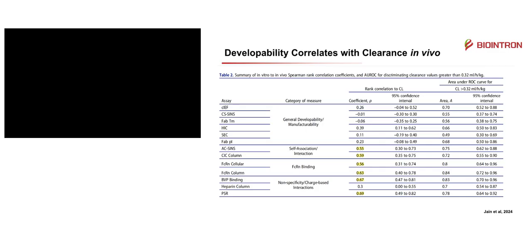And the FcRn binding, which is a receptor for the recycling of the antibody, has a similar coefficient, 0.56. And the other one is non-specific binding, including PSR and BAP binding, has a coefficient of 0.67 and 0.69.